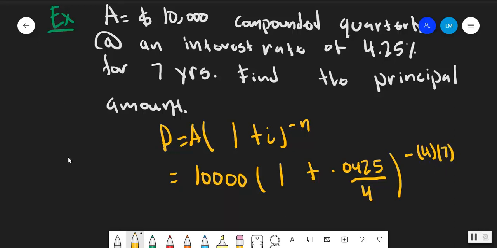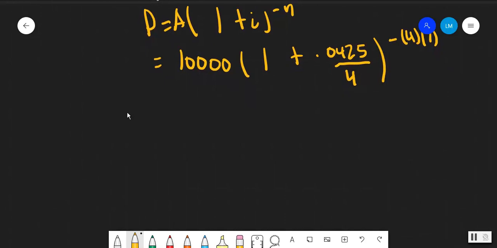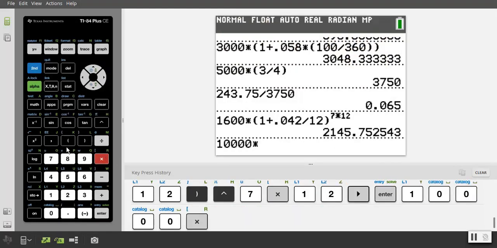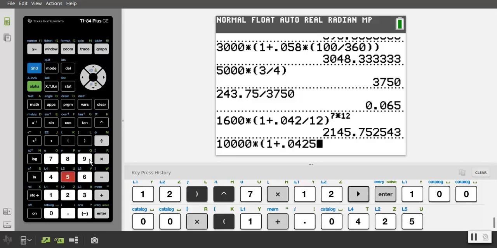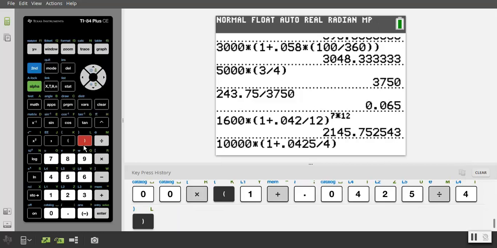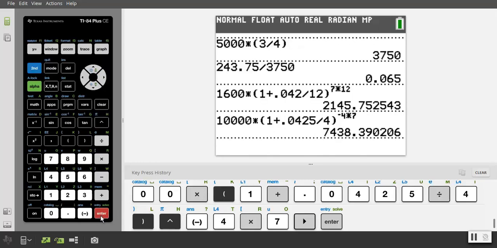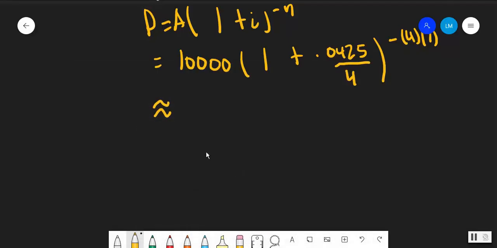Now, this is going to give you the principal amount, so we know it's going to be approximate. So we have 10,000 multiplied by 1 plus 0.0425 divided by 4, and this is raised to the negative 4 times 7. So we just push enter, and it gives us 7,438 and 39 cents.